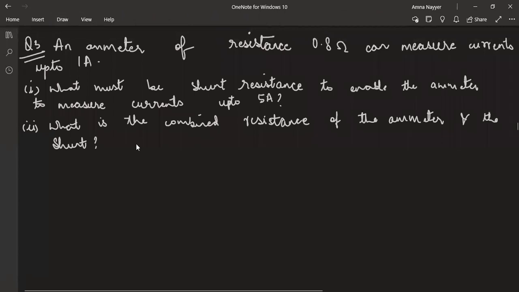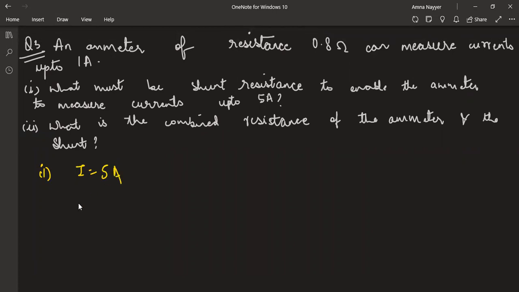An ammeter of resistance 0.8 ohm can measure currents up to 1 ampere. What must be the shunt resistance to enable the ammeter to measure currents up to 5 ampere? See, total current that it can measure is 5 amperes, right?